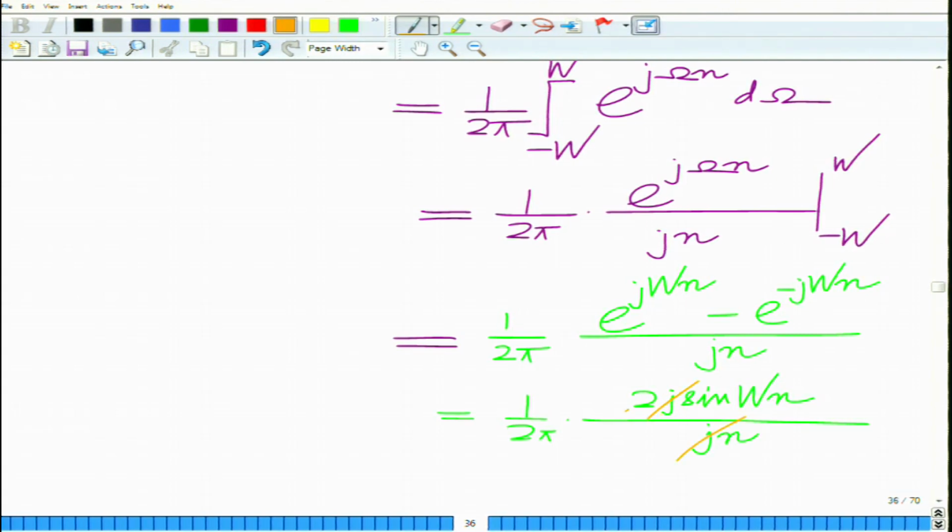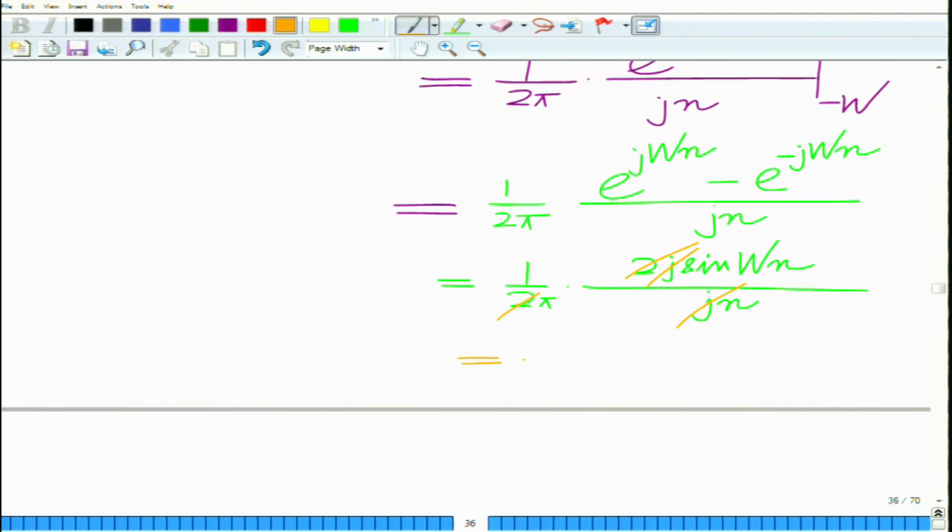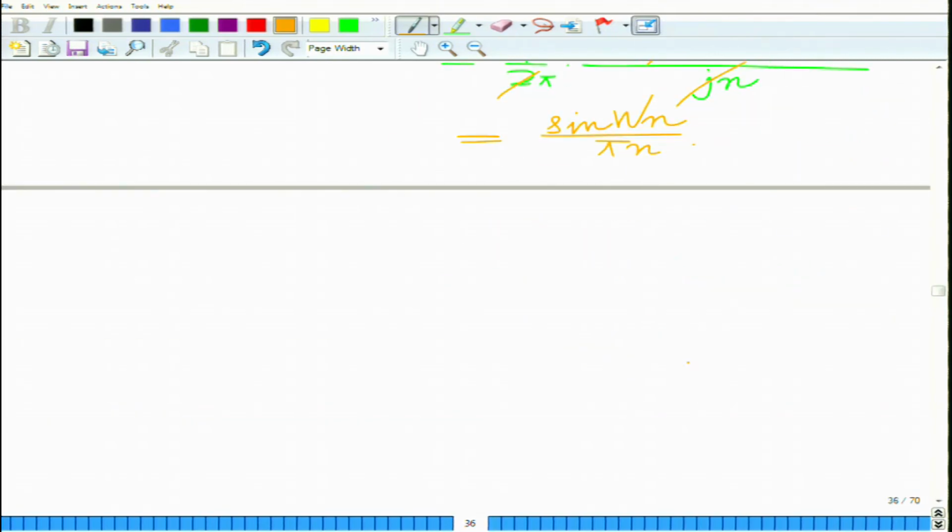So, removing the j's, the factor of 2's also go away. What we have is sin W n by pi n. So, basically that gives us x of n, the inverse DTFT.